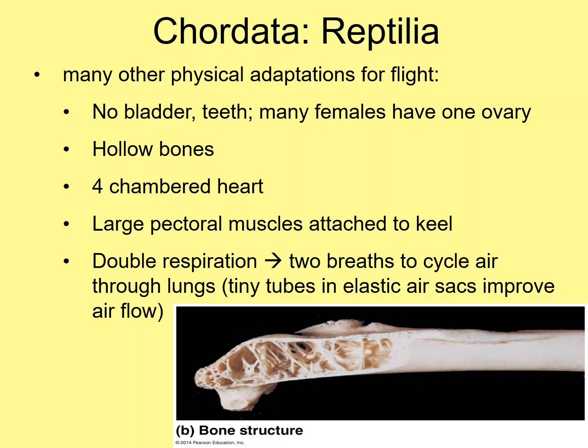By the time it gets back around to the beginning and they exhale the used air, they've pretty well got all the oxygen out of it. Having that oxygen supply is really important for mitochondria, for cellular respiration, to make ATP. And so that's mainly the function of the 4-chambered heart and the double respiration in terms of increasing power for flight.